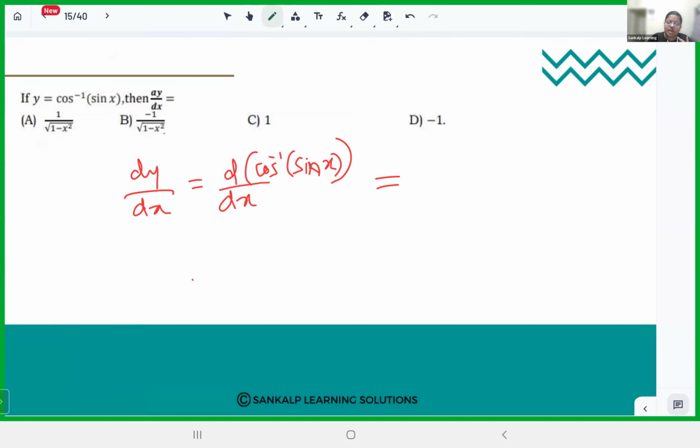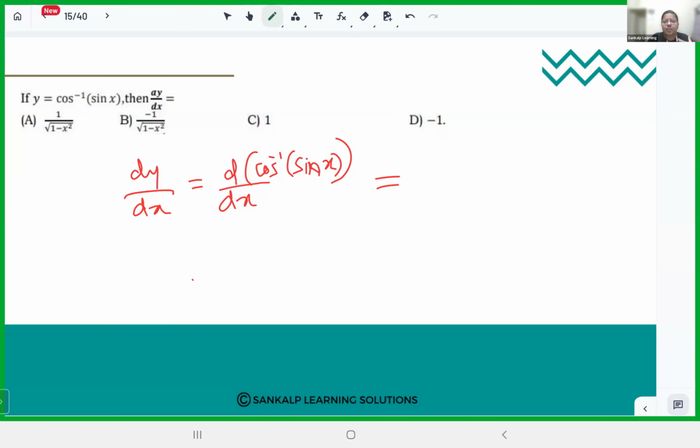One is an inverse function and the other is a trigonometric function. So cos inverse and sin x, right? So in the place of x, sin x has occurred, right? A function sin x has come in the place of x, right? So we are assuming this sin x as x, and then we are finding the derivative of the function. Okay, so what is the derivative of cos inverse x?